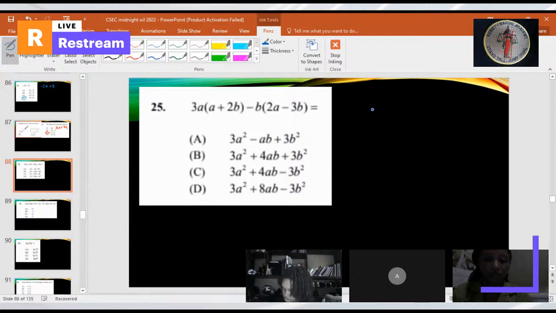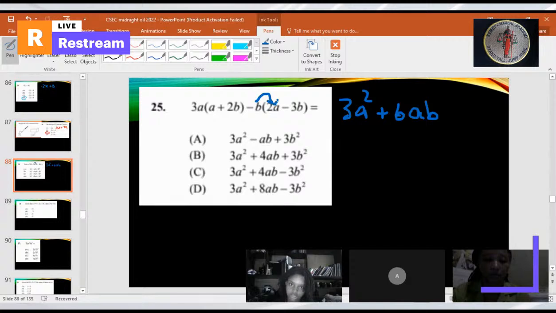So 3a times a is 3a squared, plus 3a times 2b is 6ab, minus, oh, we're going to multiply everything in the second bracket by negative b.